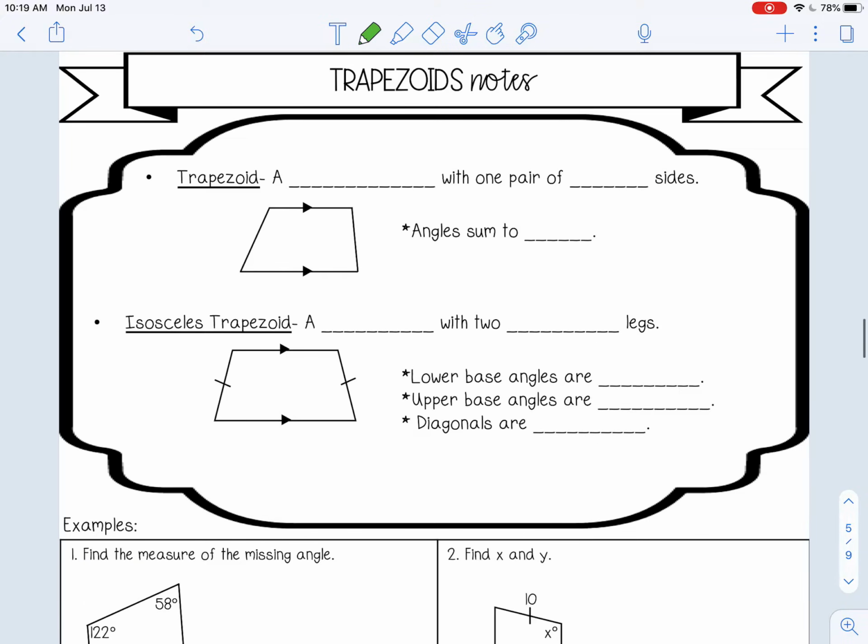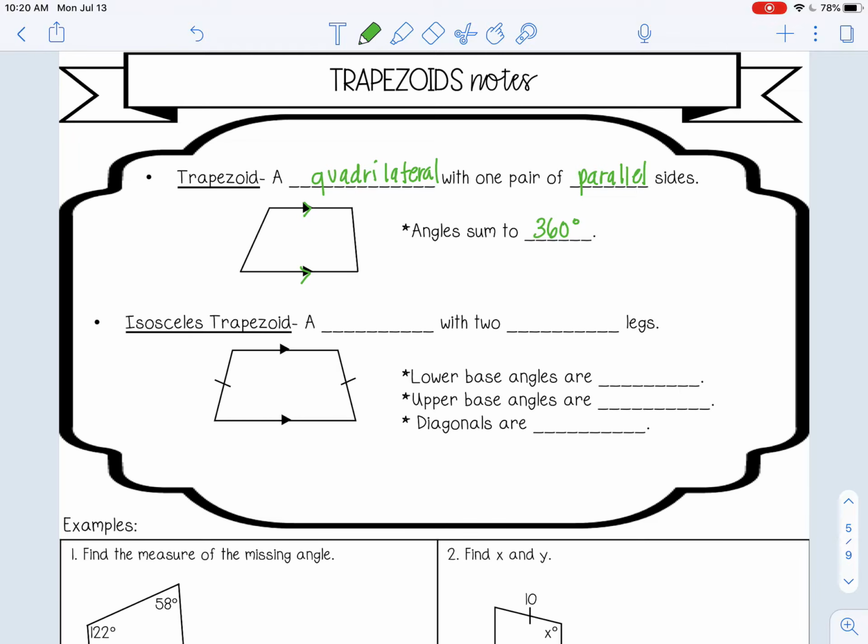So as I said, a trapezoid is a quadrilateral with 1 pair of parallel sides. So these are parallel. The angles of a trapezoid, because it has 4 sides, sum to 360 degrees, just like all quadrilaterals.